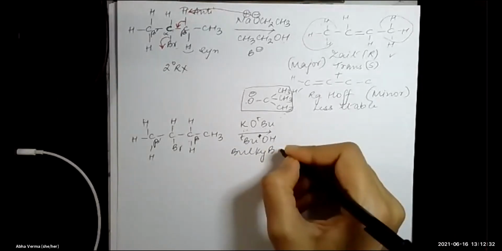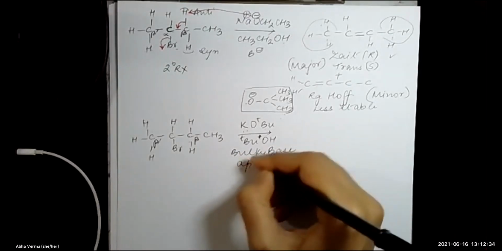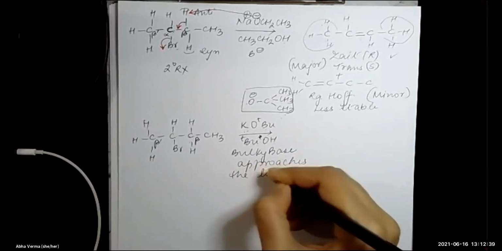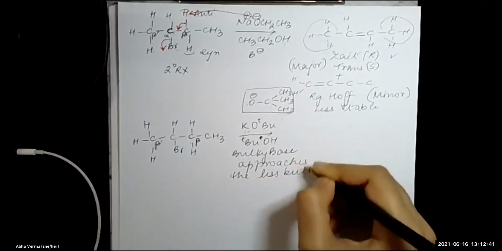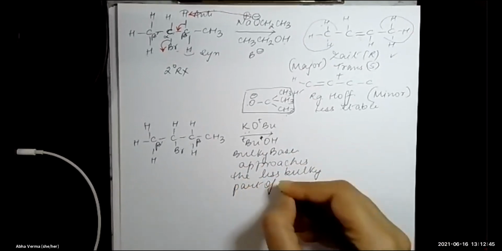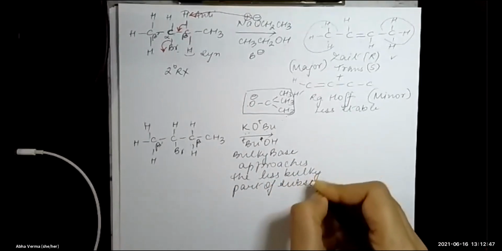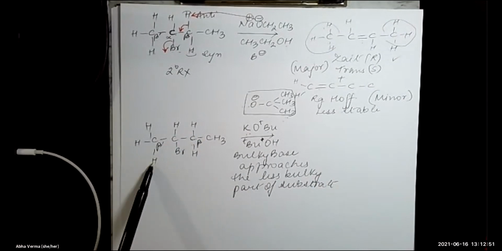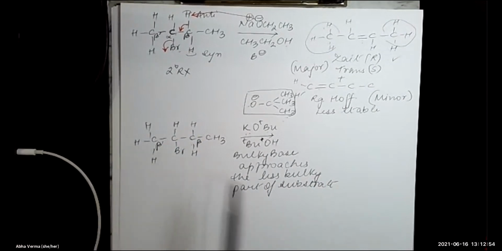So the bulky base approaches the less bulky part of substrate. So will it go in deep or will it look outside? It will just look outside. So this is a special sequence.